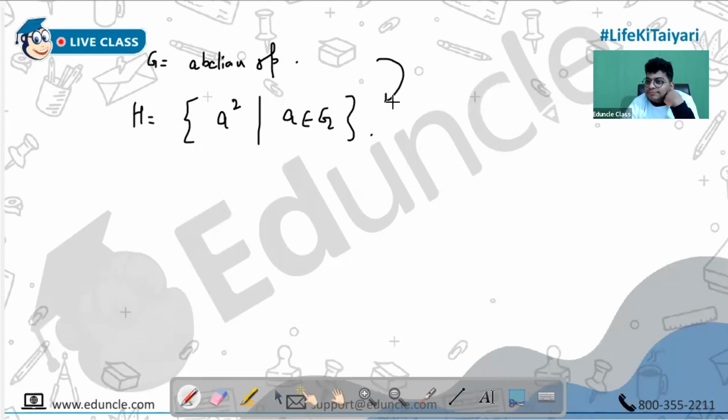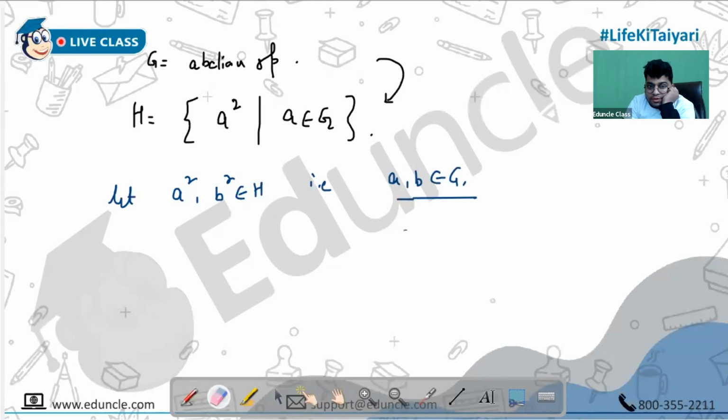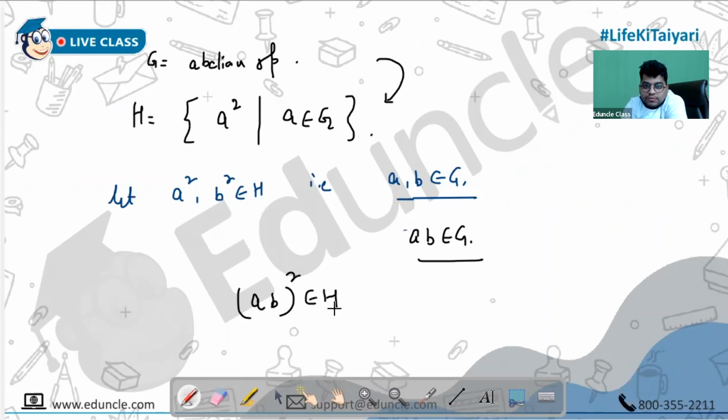See, let two elements a square, b square belong to H. It means a, b belong to G. अब मैंने ले लिया तो a, b belongs to G आ गया. If a b belongs to G, then a b whole square also belongs to H. Yes or no?